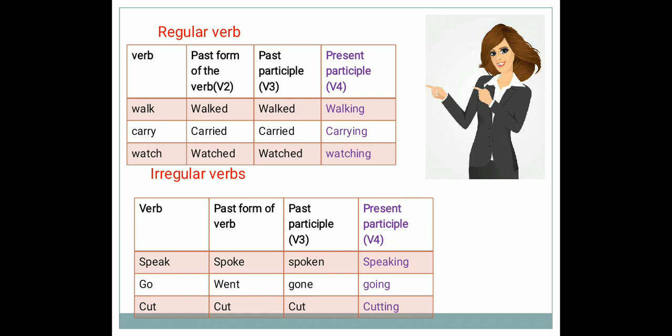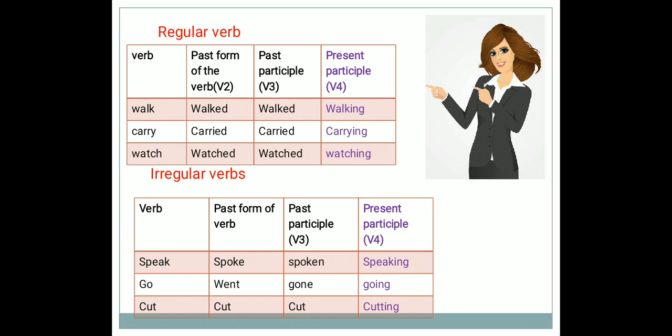Here in present perfect continuous tense, we have to be careful with the present participle form of the verb. So let's see some examples of the present participle form of regular and irregular verbs. For example, regular verbs: walk, walked, walked, walking; carry, carried, carried, carrying; watch, watched, watched, watching.